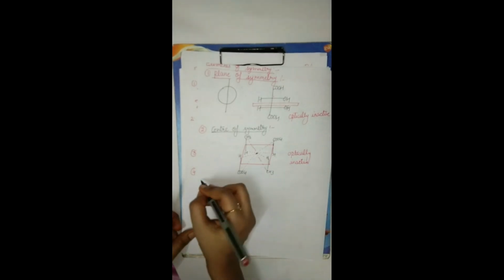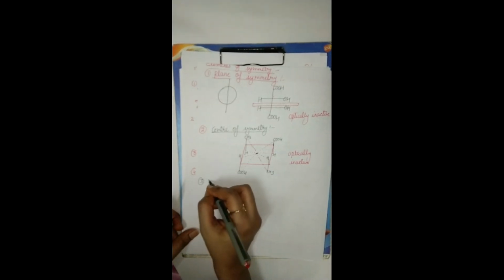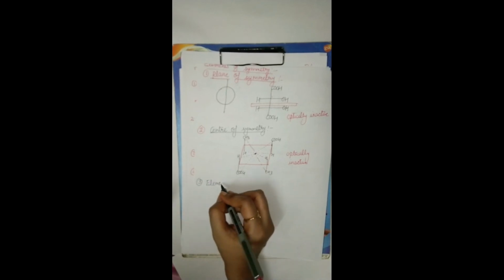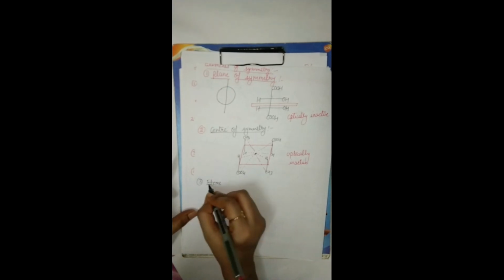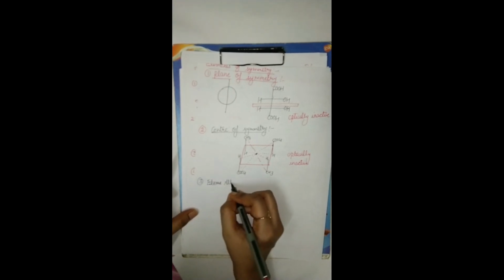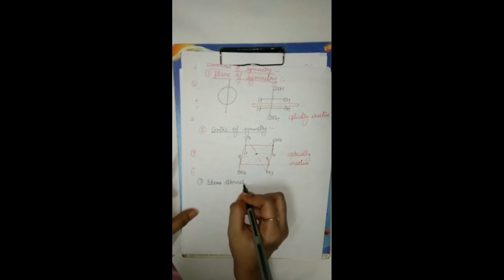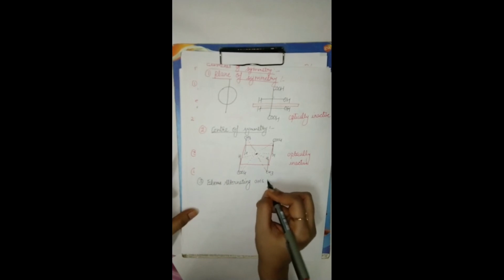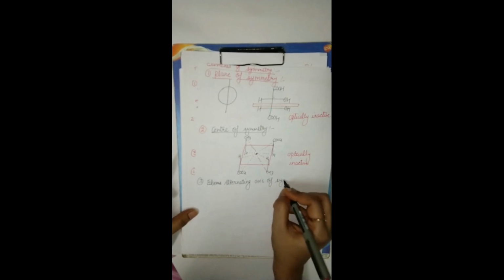Third one, the last one, which is elements of symmetry, or we can say the alternating axis of symmetry.